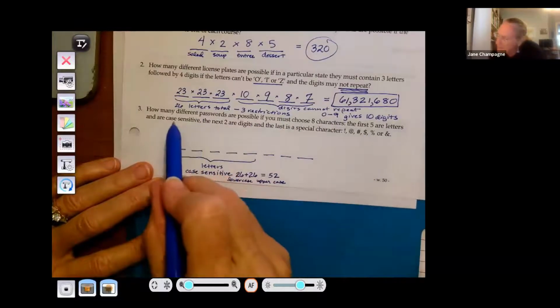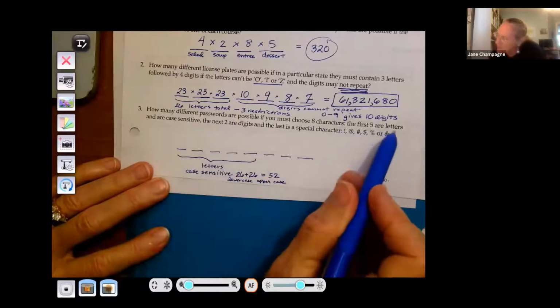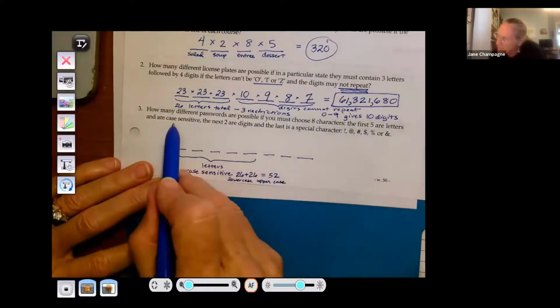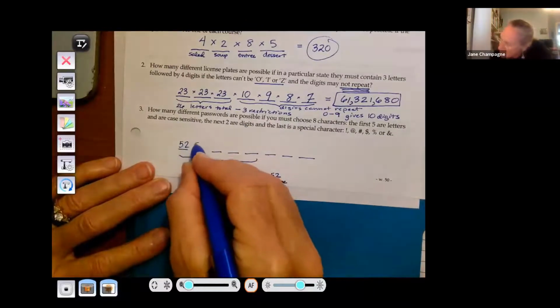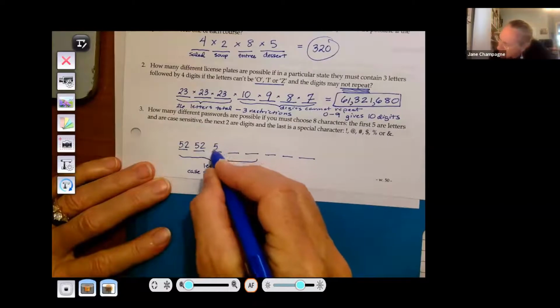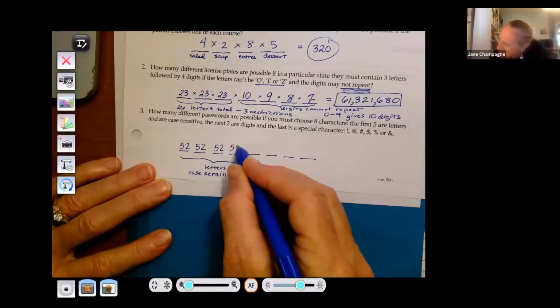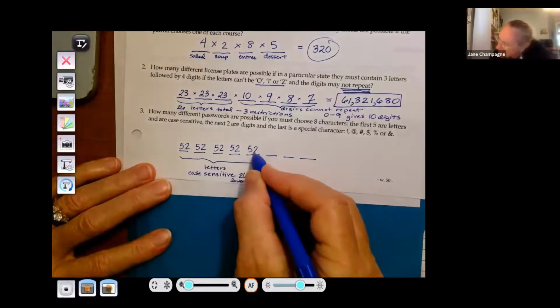Okay, and they didn't say anything about no repetition, right? They just said they're letters and are case sensitive. So we've got 52 options for each of those letters. They didn't put any restrictions on there.